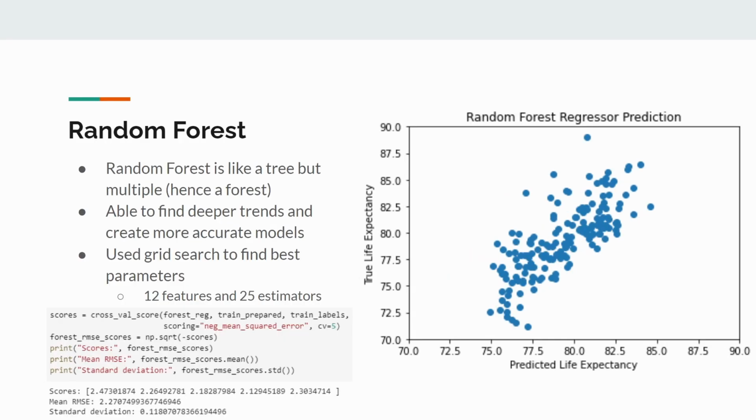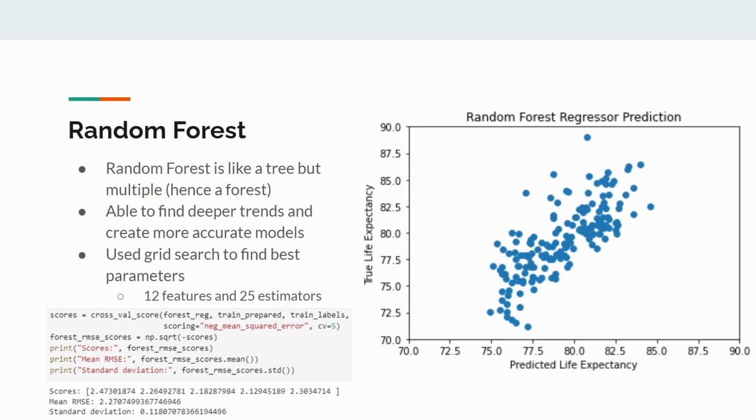The next model we decided to use is random forest. It acts like the decision tree, but instead uses multiple trees to find the right parameters. Hence, it is a forest. This model allows us to find deeper trends and create more accurate models, as seen here. We also performed a grid search to find the best parameters.